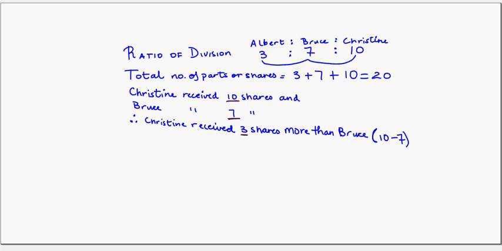That was the critical point in this question, because they told us Christine received $495 more than Bruce. So English is important here. So if she received $495 more than Bruce, and you know that she received 3 shares more than Bruce, then we could infer that 3 shares must be equal to how much? $495.